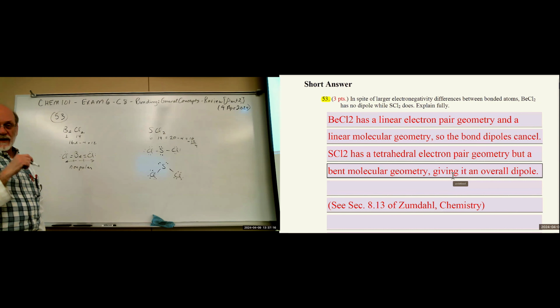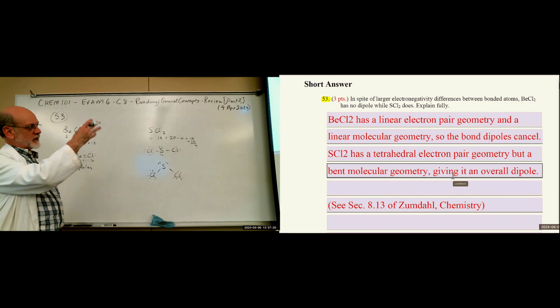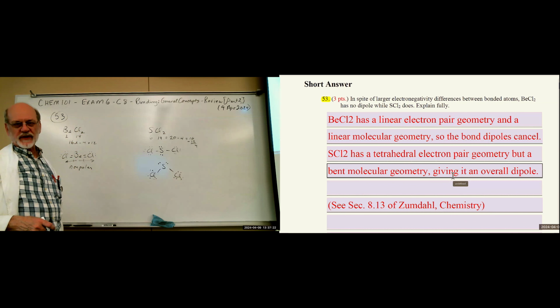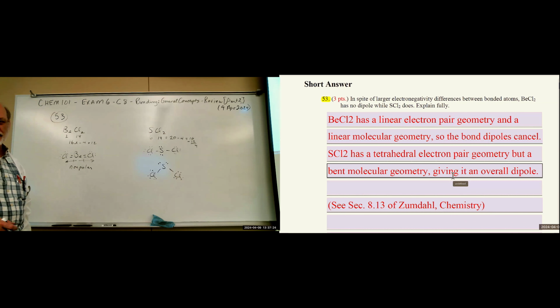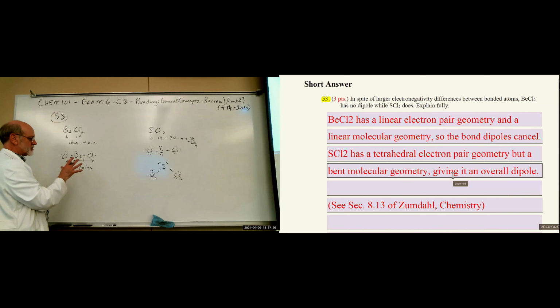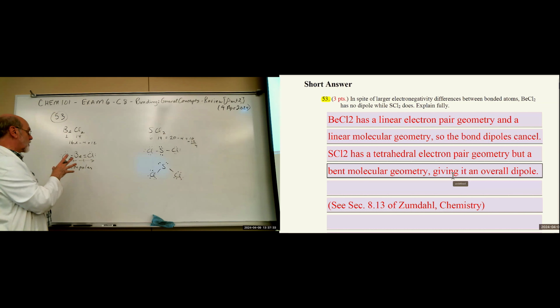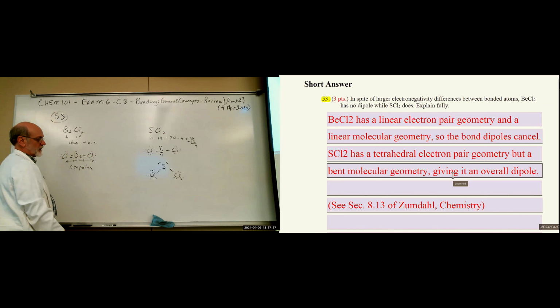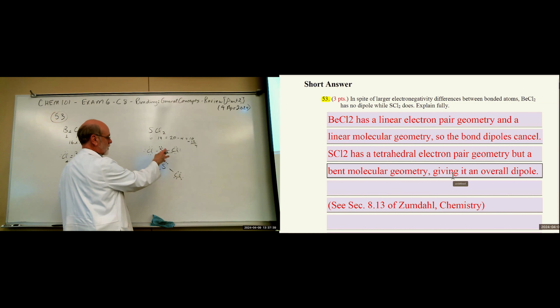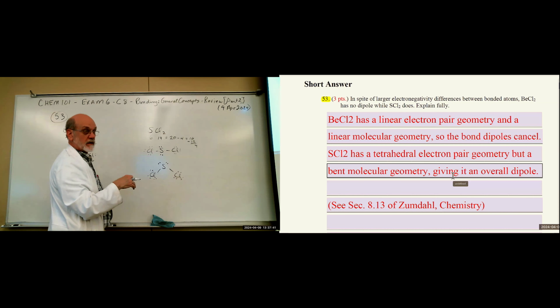Right? So that's what I'm trying to say in that red explanation. The overall dipole depends on the geometry. And the geometry for beryllium chloride is nonpolar because it's linear. And sulfur dichloride is nonlinear, and that gives you a net dipole.